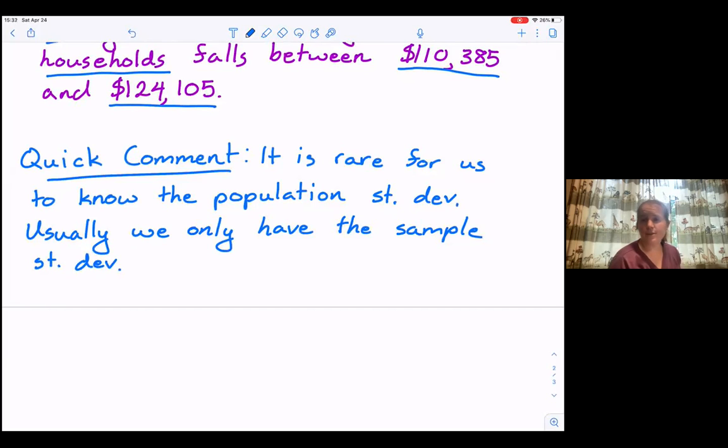So in the next videos, we'll talk about how we can modify our confidence intervals to account for only having the sample standard deviation.